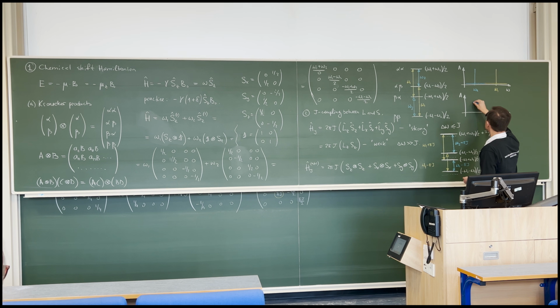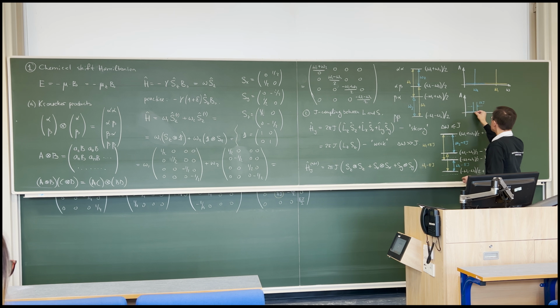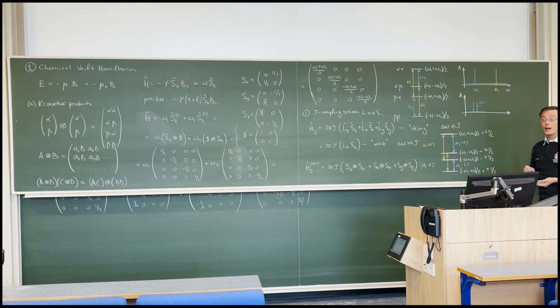So we have a signal that has been split into two, and the difference between them is 2 pi j. And if we measure that in units of linear frequency, the difference is exactly j. And this is what you know from your organic chemistry, right? If you have J-coupled nuclei, then the signals split.